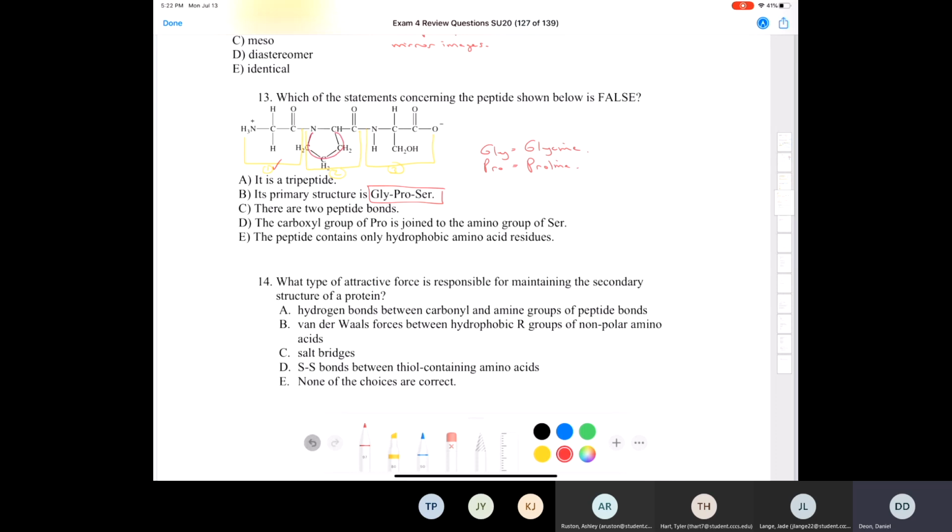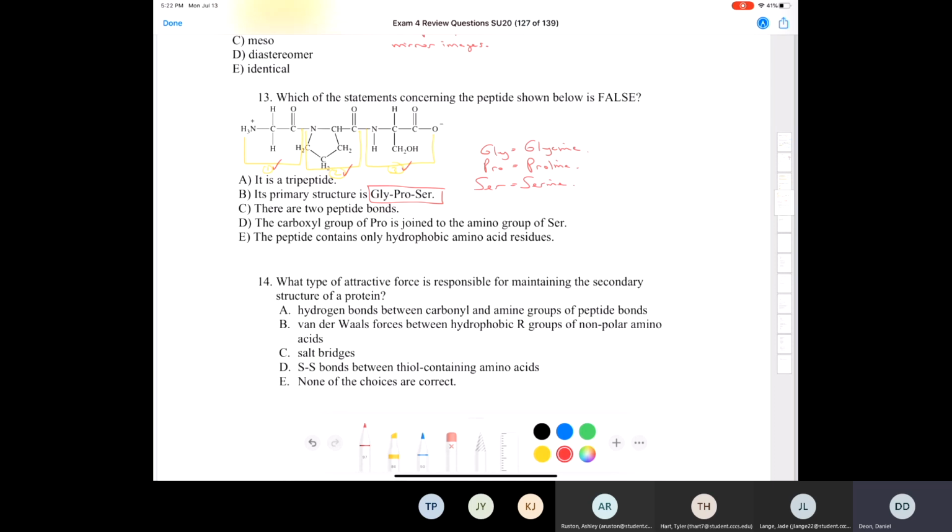It's part of this 5-membered ring, which is kind of interesting. And so this is the structure of proline. And the last one says serine, and this, in fact, is not the structure of serine, okay? Oh, sorry, it is the structure of serine. I wasn't looking close enough. So this is the structure of serine. All right, so that is true, that is true.